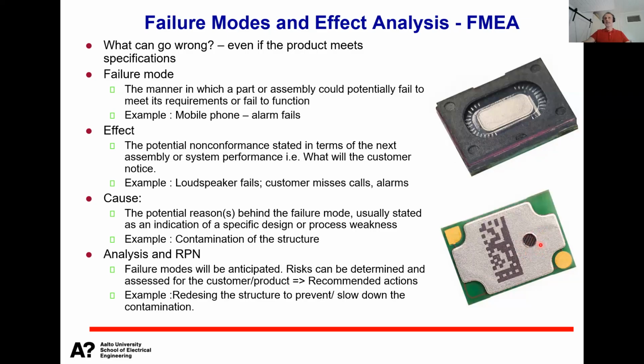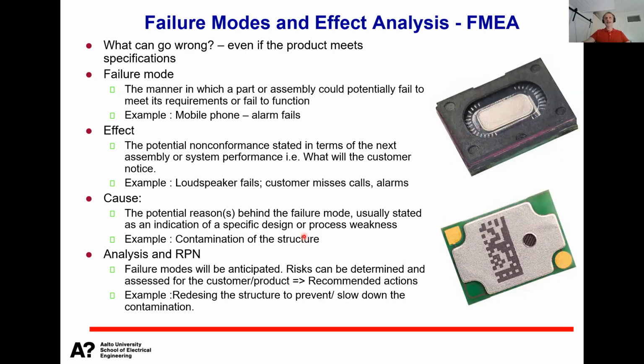So then, in order to prevent this, you should take some actions, and these are the so-called recommended actions. So what is the way you decrease the probability of this kind of failure? If it's a mechanical failure, like some interconnection has failed, then of course you pay attention to that one.